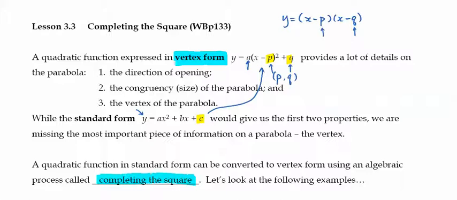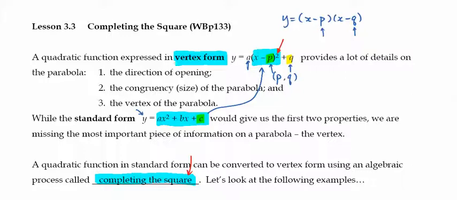We are going to use the three terms in your standard form and see how these three terms will create the perfect square that appears in vertex form. That's what it means by completing the square.